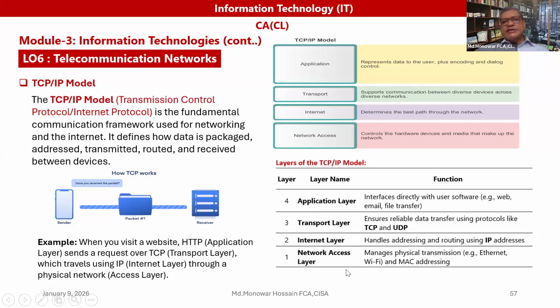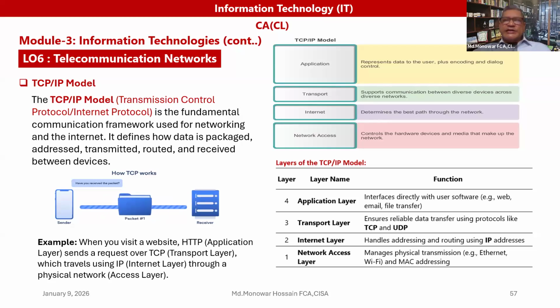For example, the network access layer manages the physical transmission, for example, Wi-Fi, Ethernet, etc. The internet layer handles addressing and routing using the IP address. The transport layer enables reliable data transfer using protocols like TCP and UDP.